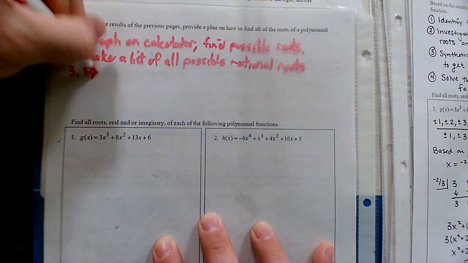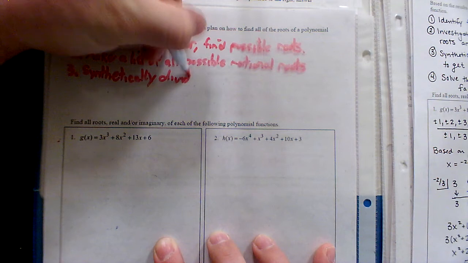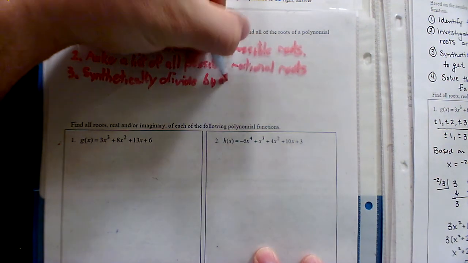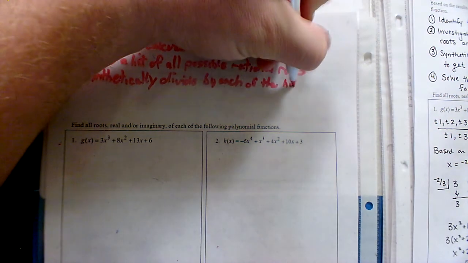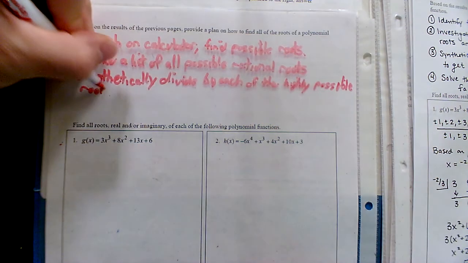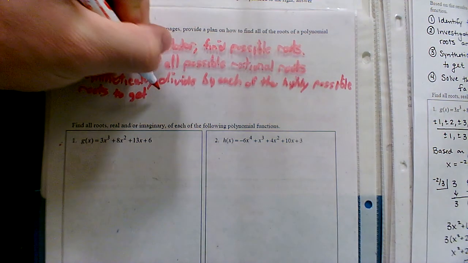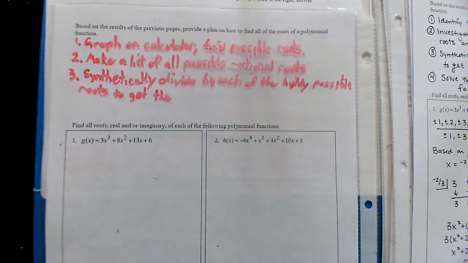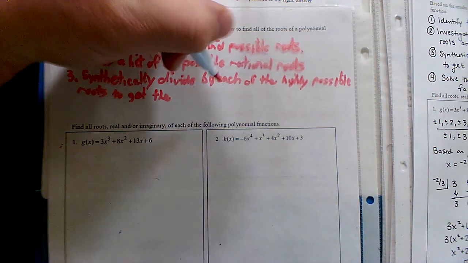Yeah, we synthetically divide by each of the possible roots to get the quadratic equation.